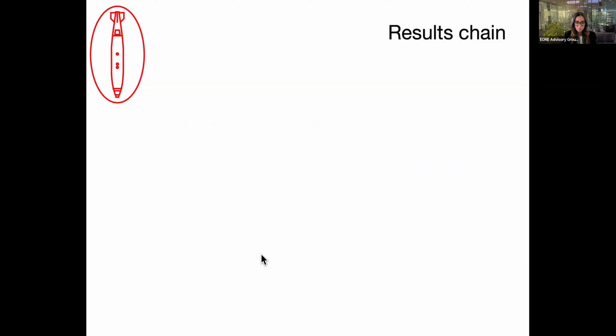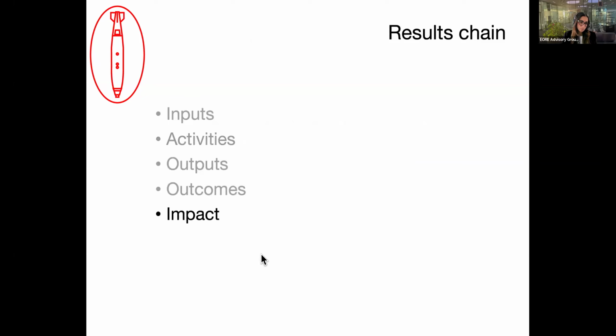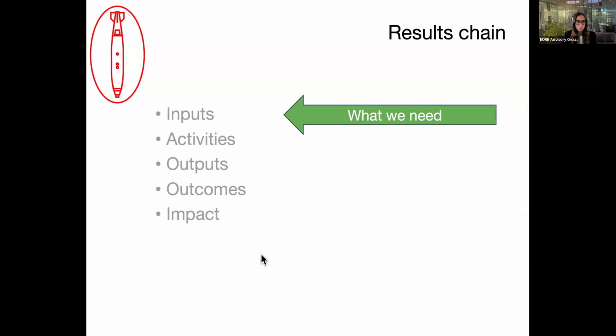Let's talk quickly about the results chain. Inputs, activities, outputs, outcomes, impact. These words are not standard in their definitions. Different organizations use different definitions for these things. So let's just get some common ground. Inputs are what we need.